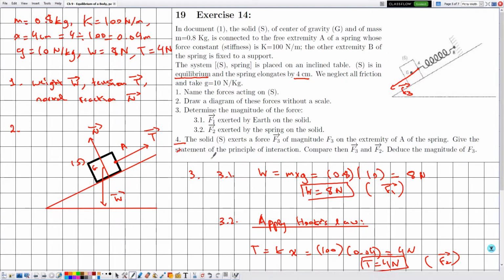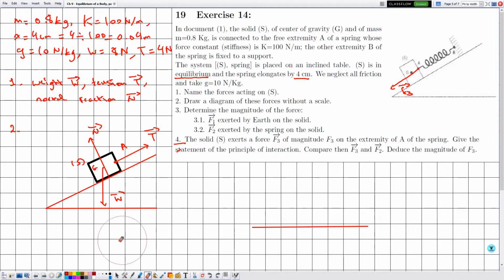Give the statement of the principle of interaction. So here we just need to state the principle. What is the statement of the principle of interaction?